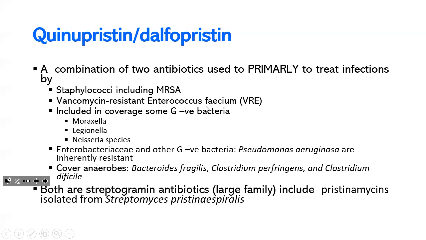It covers many of the anaerobic bacteria like Bacteroides fragilis, Clostridium perfringens, and Clostridium difficile. So would this agent provoke the development of C. diff? No, because it covers the C. diff.